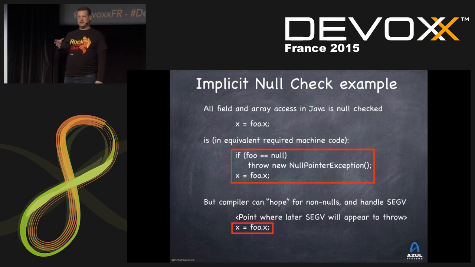And if you get that seg fault, well, the JVM will intercept the seg fault, say, whoa, before I crash, let's see where that came from. Oh, I got it on this field access that I assumed will not be null, so it must have been null. So take the stack, do some interesting surgery to it, move it so it looks like I was 2 instructions back, and you throw a null pointer exception.